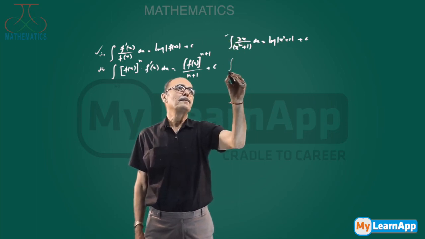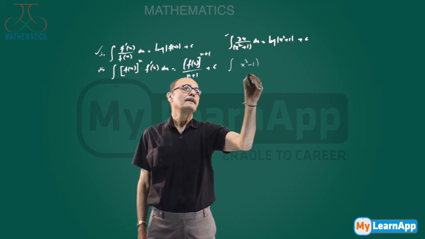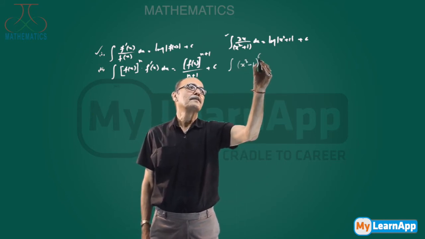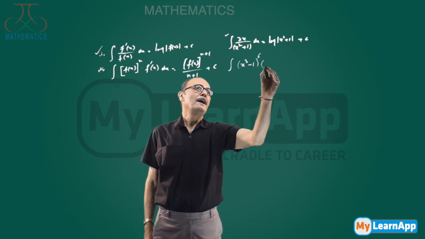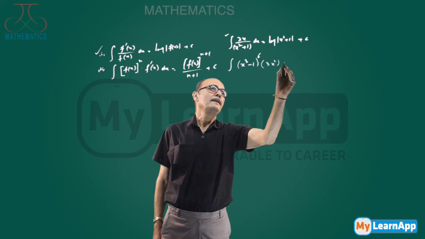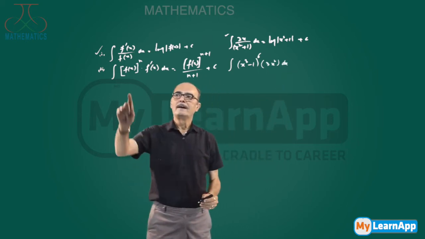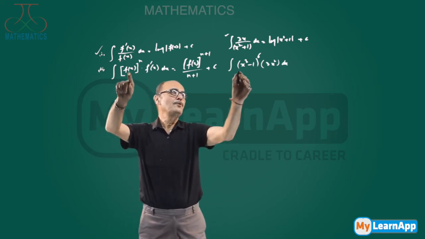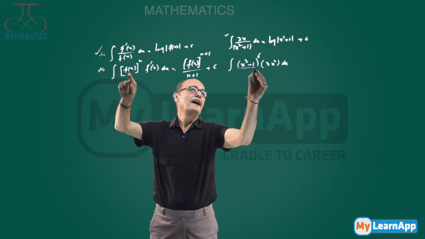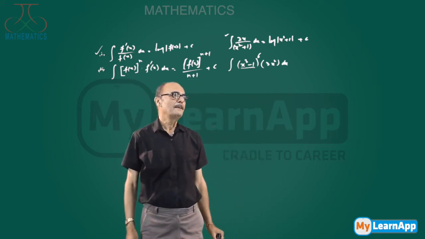Application of the second formula is that if you have x cube minus 1 whole raised to power 6, say, and multiplied by the derivative of x cube minus 1 d of x. Now, here f x stands for x cube minus 1 and its derivative 3x square as its coefficient d of x.